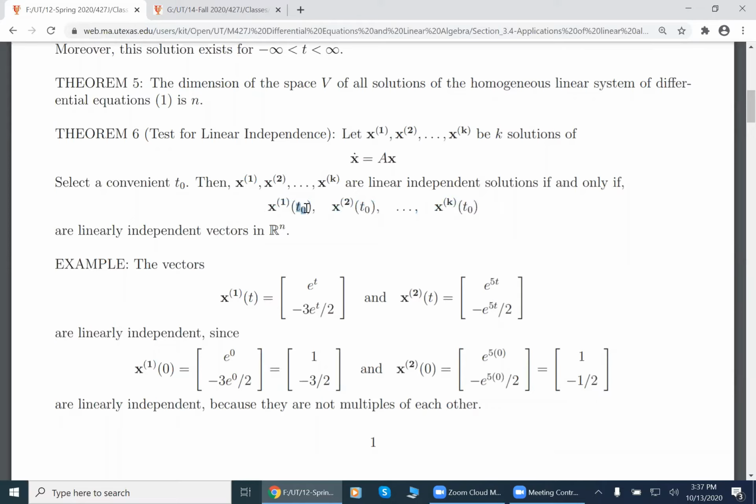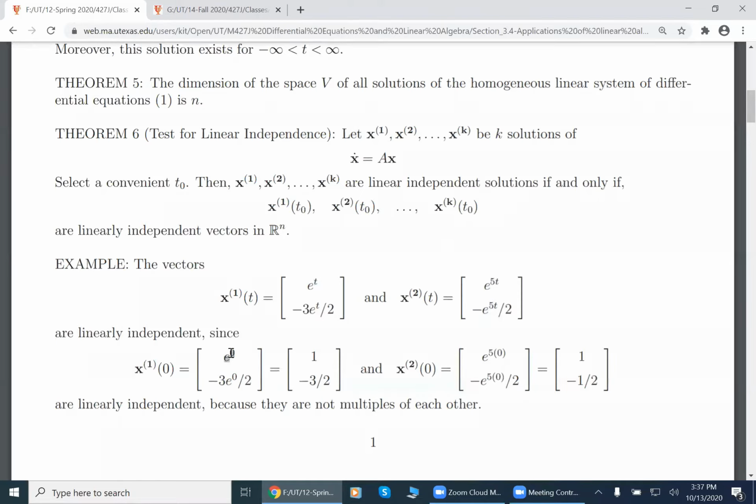T0 is a number. Which number? Any number, convenient for us. For example, take a look at this. Here's particular solution number 1, particular solution number 2. Replace t by any convenient number.